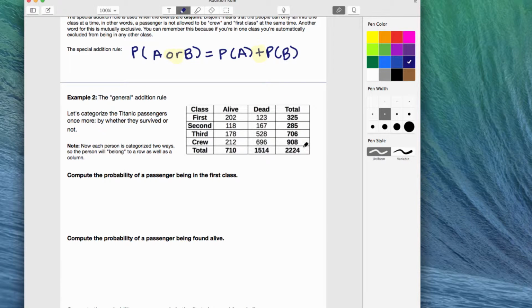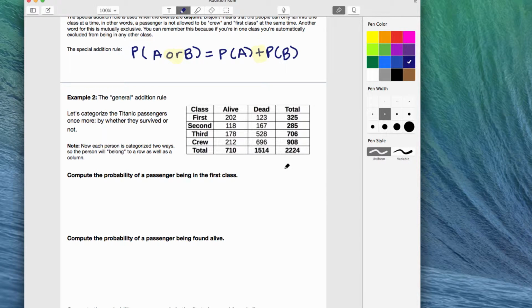So the grand total down here, 2,224 people, you can get that two different ways. You can add up the different people in the classes to get 2,224. Or if you count the people who lived and the people who died, you also get 2,224.